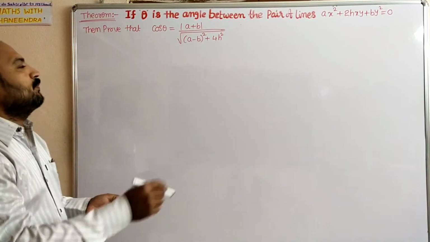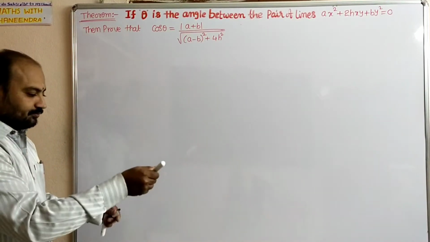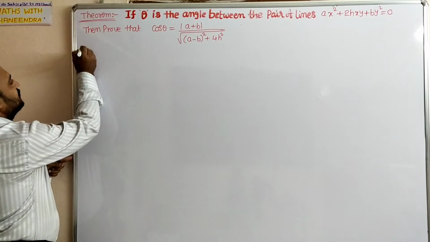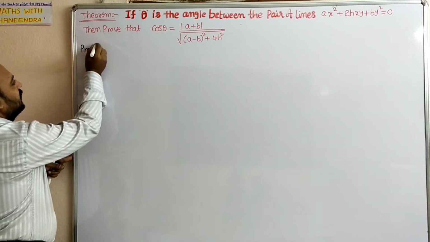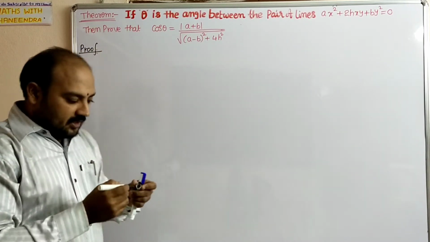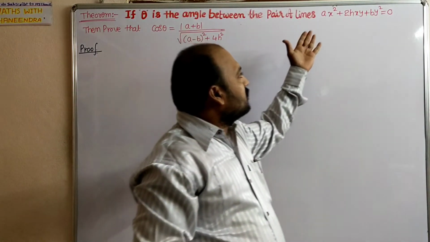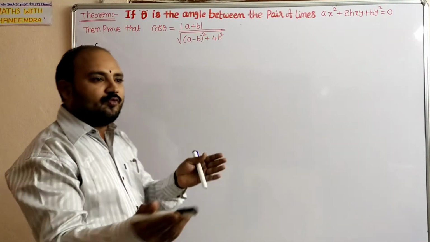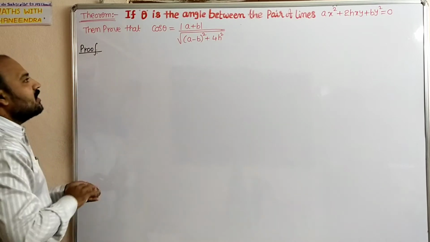See here, in the proof, first we know that the given pair of straight lines is ax square plus 2hxy plus by square equal to 0. First you have to write it.